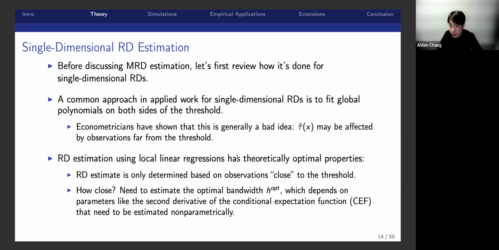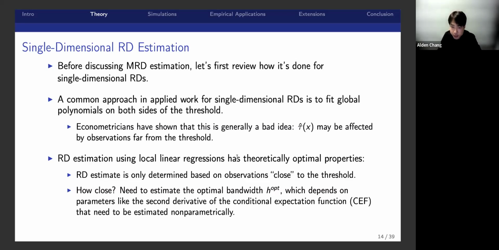There are also theoretically optimal properties of local linear regressions in the RD setting, and that's why people mostly use it nowadays for single dimensional RD designs. As with most non-parametric estimators, we need a way to regularize it, which is a way to control how wiggly the function can be. Because if we allow it to be arbitrarily wiggly, then it'll basically perfectly fit every point, and that is usually not a good idea because we don't want to overfit.